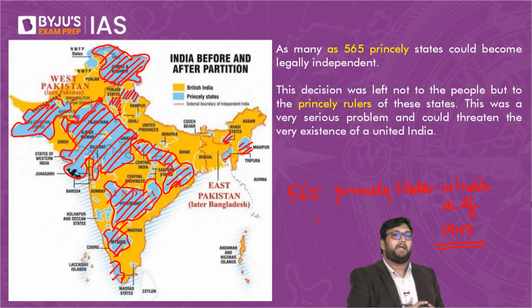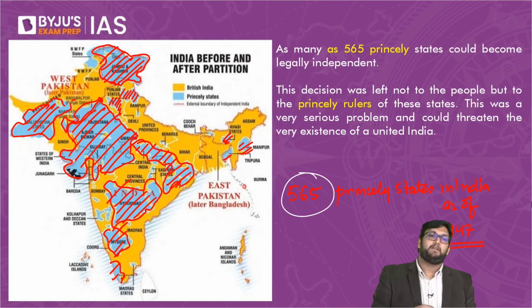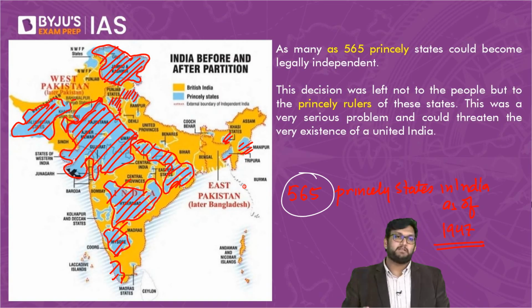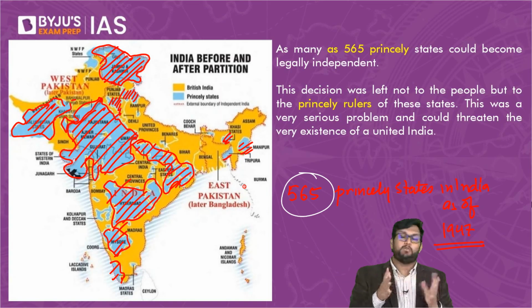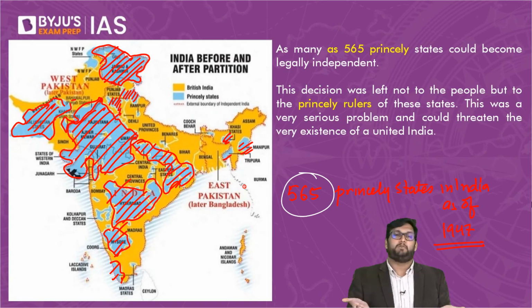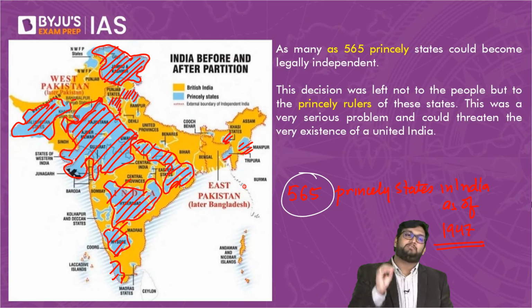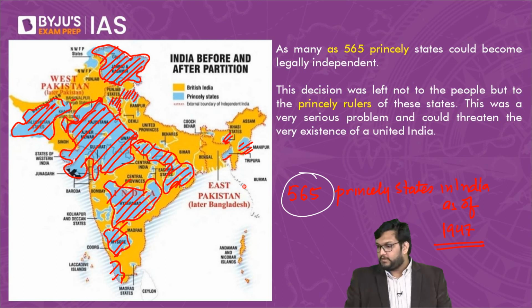So the British had 565 small or big units which together constituted the princely state concept. Why are they indirectly controlled? Not because the kings are powerful. Because the British is too scared to touch them. The fact is, eventually the British would have actually conquered all of them.